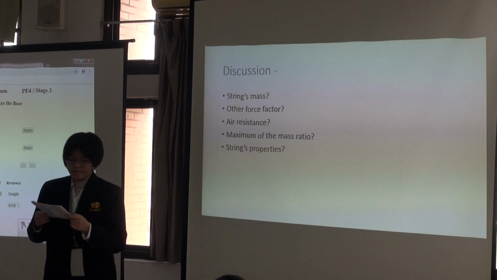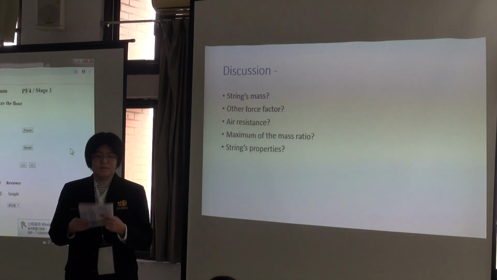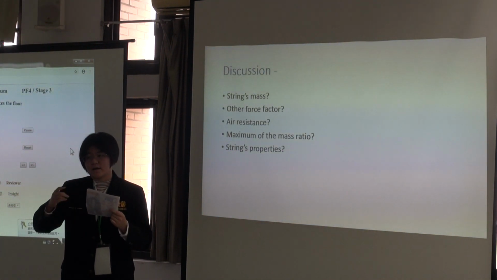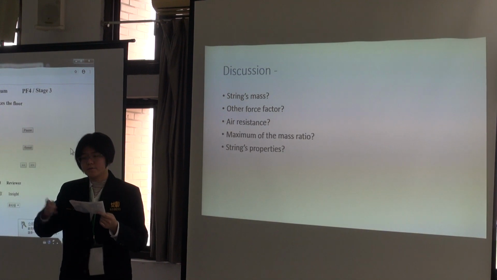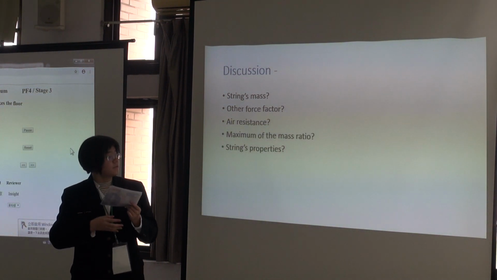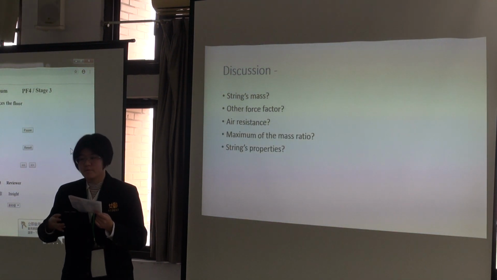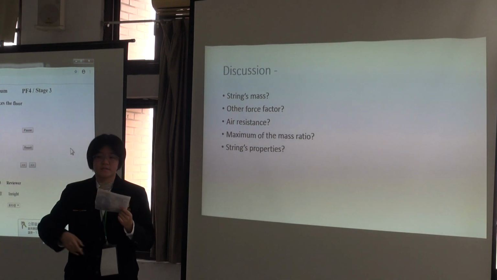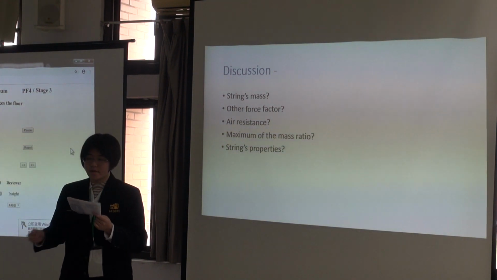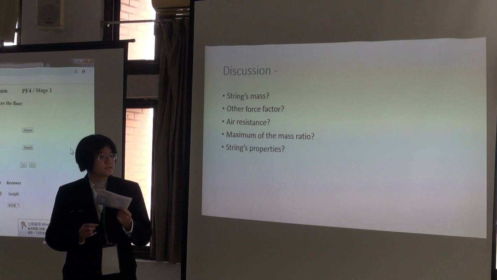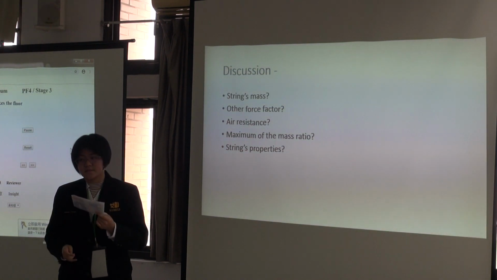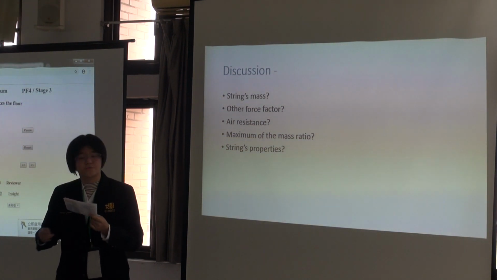And because the light load is passing by, and it is light, the air resistance may play an important role in this motion. So I think they have to include air resistance in their conditions.